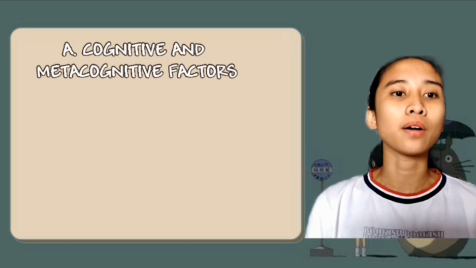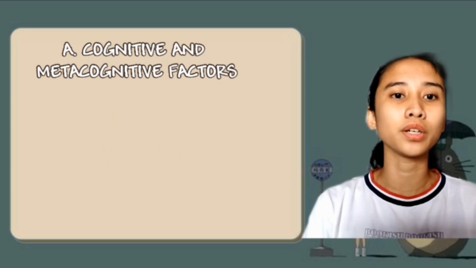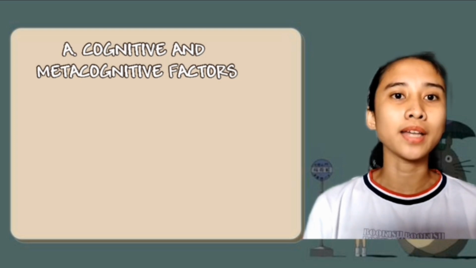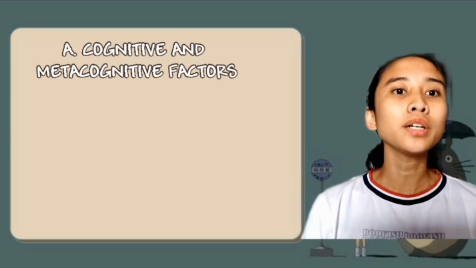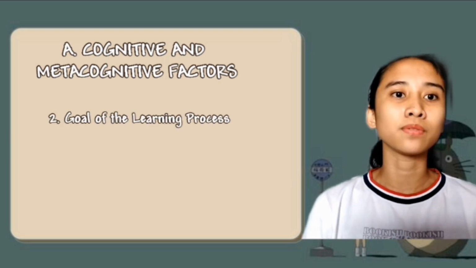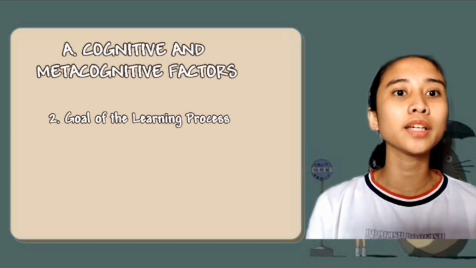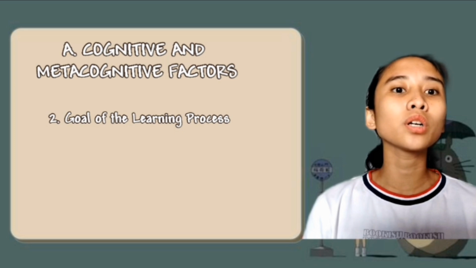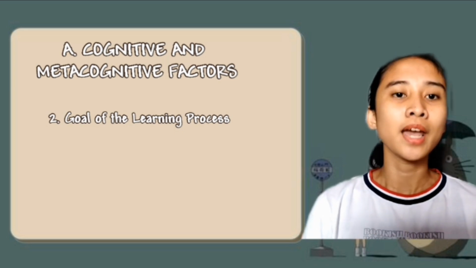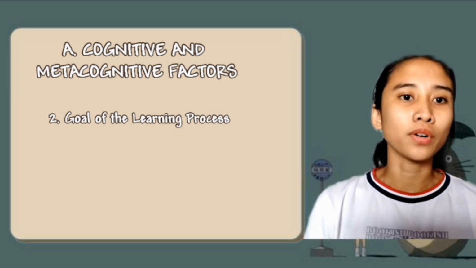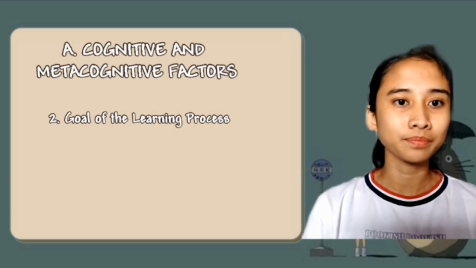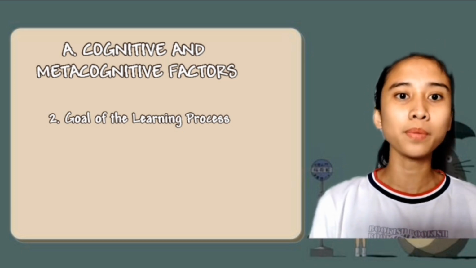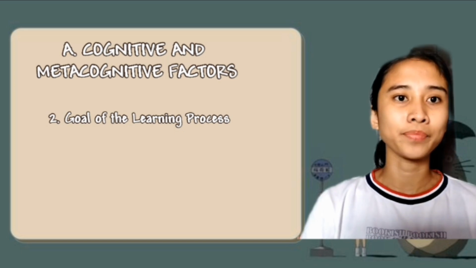Number 2, we have the goal of the learning process. Over time, with guidance and practice, learners develop clear and meaningful knowledge. Learning is a goal-driven process, meaning students work towards understanding and mastery over time. Students have short-term goals, for example passing an exam.